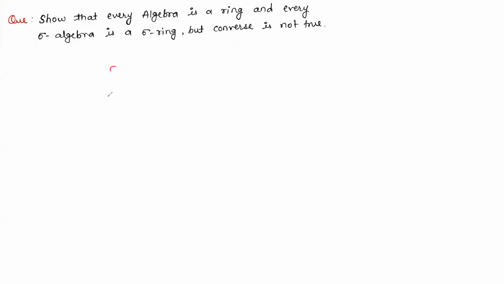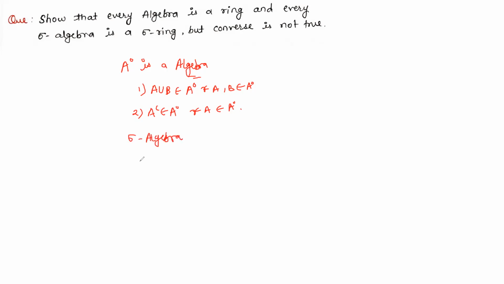The definition of sigma algebra is: if A dot is an algebra, that is, it satisfies two conditions, that A union B belongs to the algebra for A, B belongs to the algebra, and the second condition that the complement of A belongs to the algebra for A belongs to the algebra, then this algebra becomes a sigma algebra if, for a sequence A_n of sets belonging to the algebra, the union from n equals 1 to infinity of A_n belongs to the algebra, for n belongs to the natural numbers.